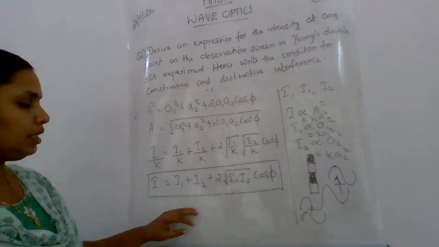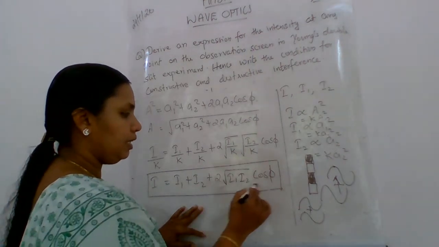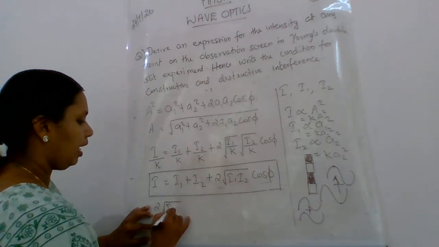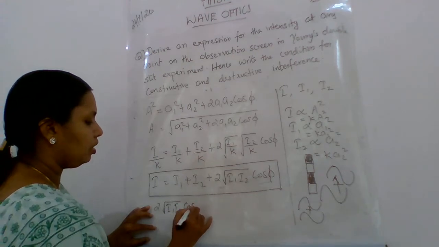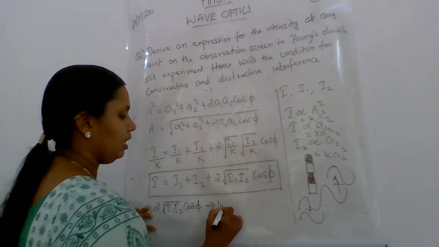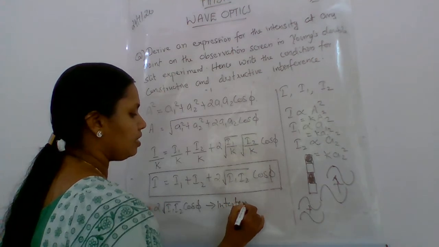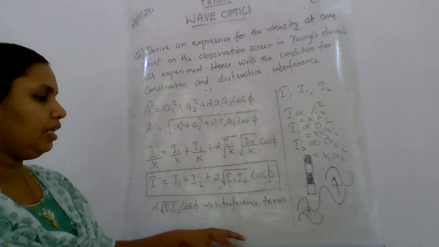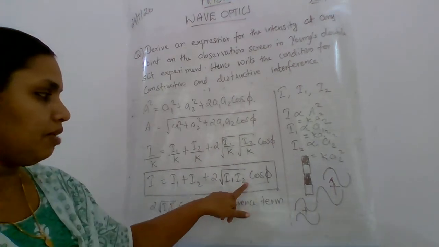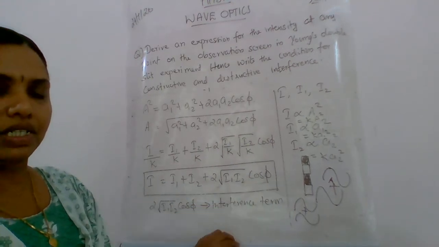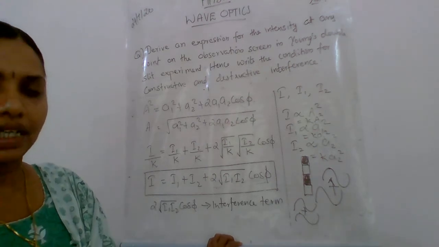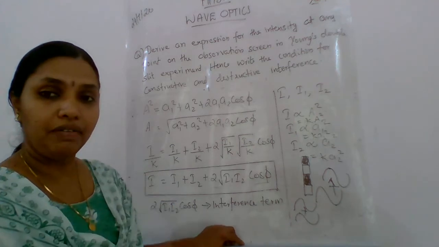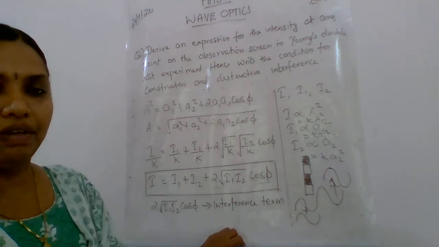So the intensity depends upon the last term, that is 2 root I1 I2 cos phi. It is known as the interference factor or interference term, because this term decides whether it is constructive superposition or destructive superposition, or we can say it undergoes constructive interference or destructive interference.